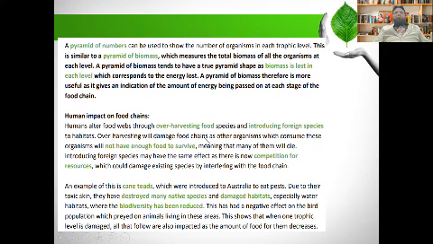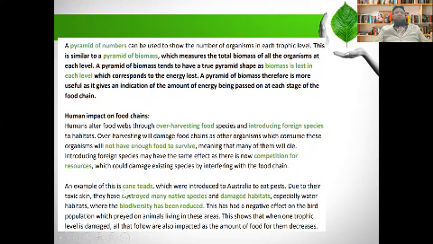Harvesting will damage the food chain, as other organisms which consume these species will not have enough food to survive, meaning that many of them will die. Introducing foreign species may have the same effect, as there are now competitions for resources, which could damage existing species by interfering with the food chain.